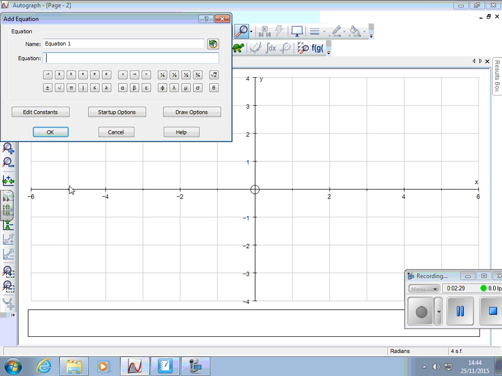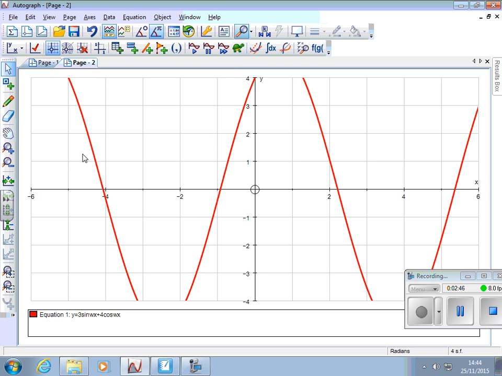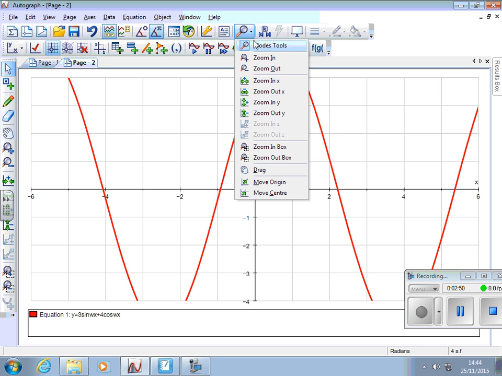So I literally type in y equals 3 sine omega x, or wx, it doesn't matter what w is, so long as it's the same, plus 4 cos wx. Okay, and this is those two waves combined together. So let me just zoom out a bit so we can see it.